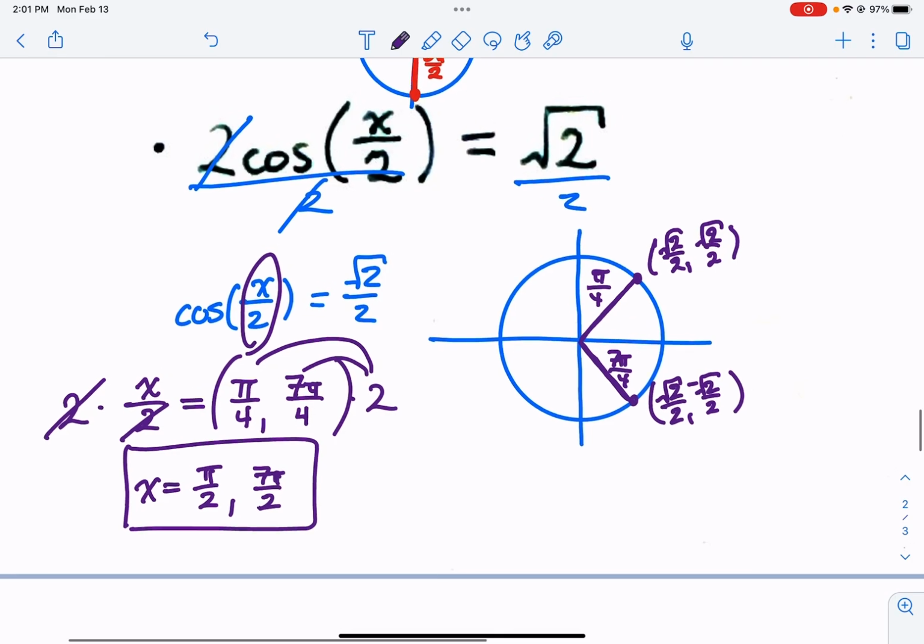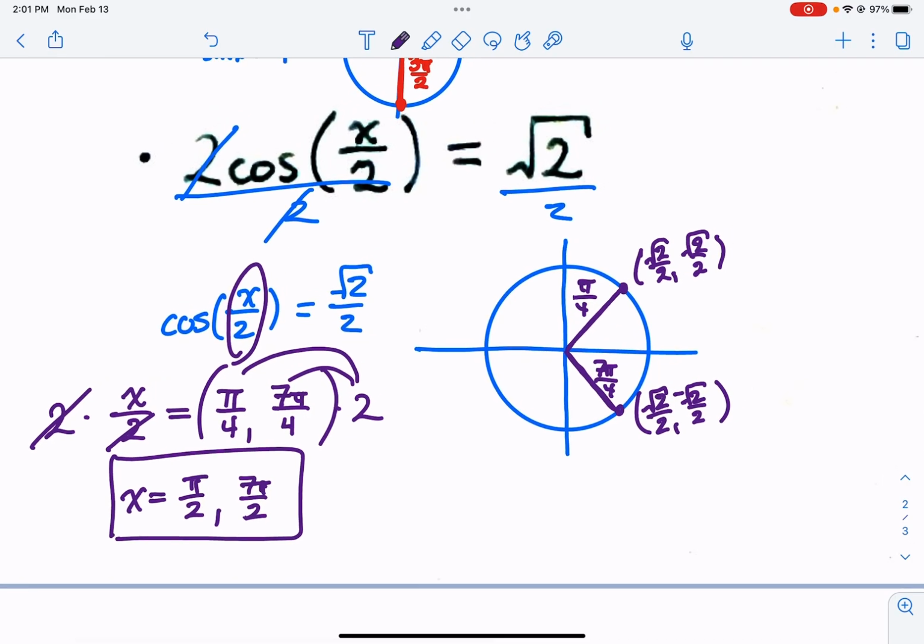And if you don't believe me, just check it out yourself. If I were to take these solutions and plug them back in, let's say I do pi over 2. So I'm going to put pi over 2 here, over 2. What does that turn into?